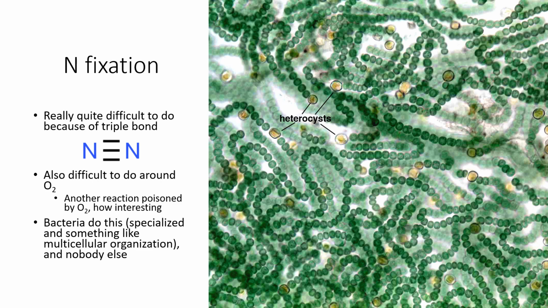It's very difficult to do in an oxygen environment, so these heterocysts, which are actually modified cells, exclude oxygen. They have a very thickened cell wall that prevents access from oxygen. And as a result, they can be in an oxic environment, even though inside of them is anoxic. And inside of that, those heterocysts are able to go about breaking down nitrogen from an inorganic into organic materials, right? And this is bacteria.